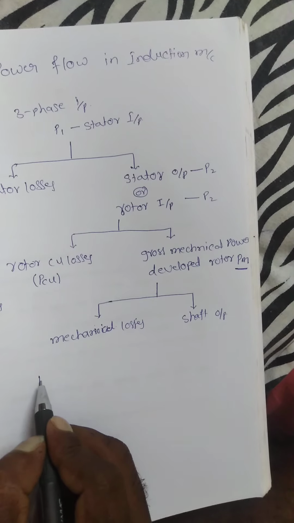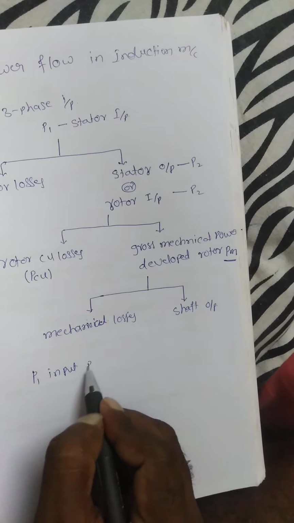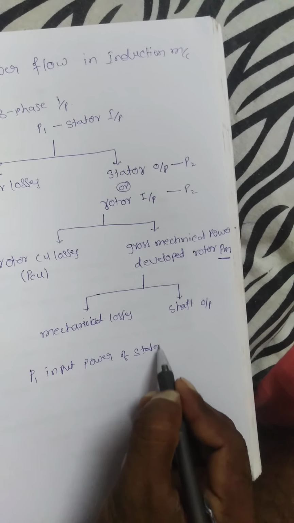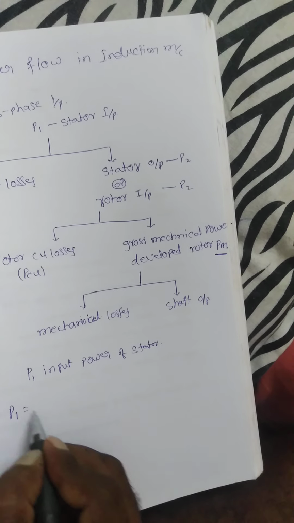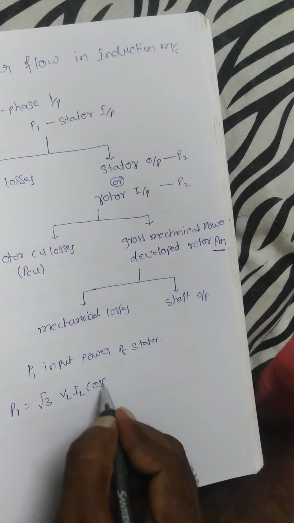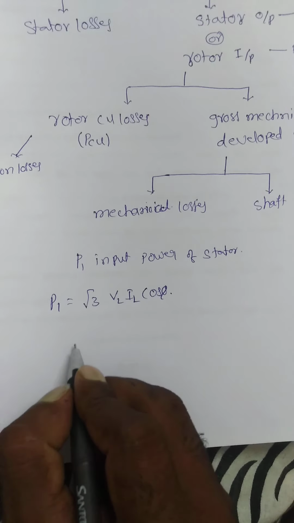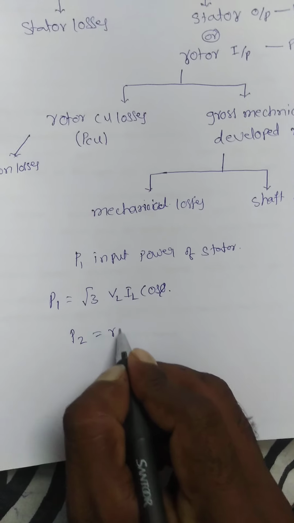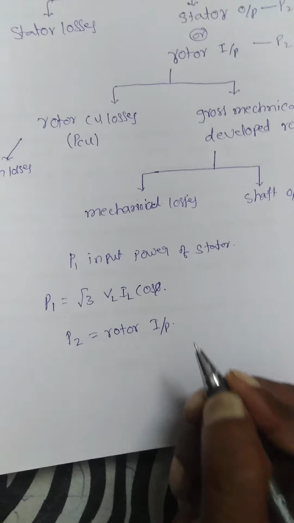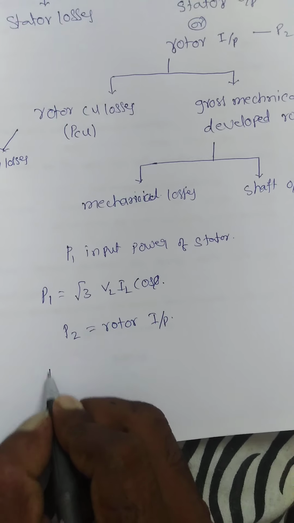If P1 is the input power of the stator, P1 equals root 3 VL IL cos phi, and P2 equals the rotor input power.